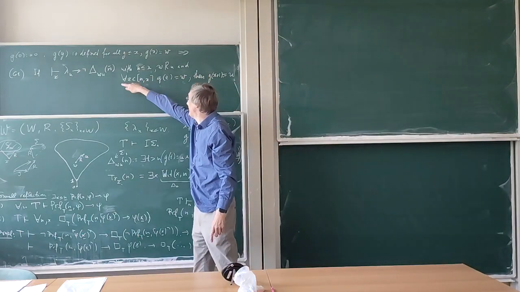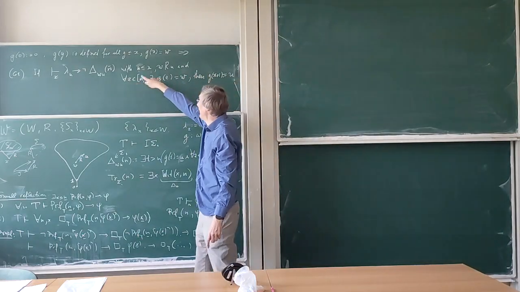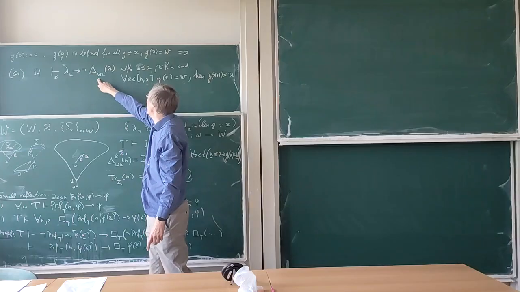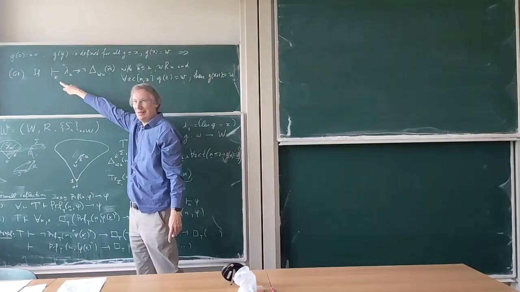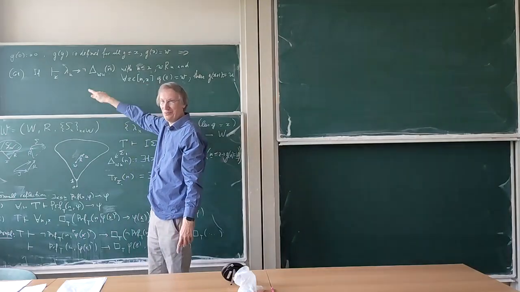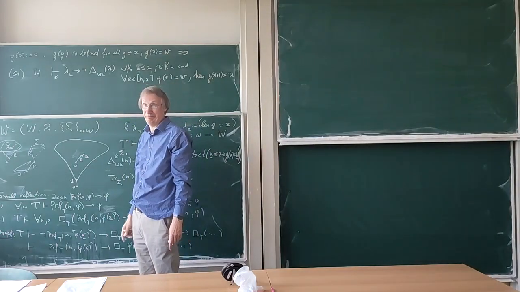Thereby we are making the sentence delta of W u of n true. And our proof will in fact be a proof of something false.